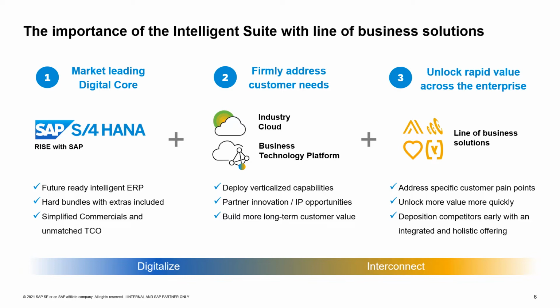Then you as a partner can take our leading solutions and more tightly address customer needs by delivering verticalized capabilities with Industry Cloud. You can also develop extensions and applications on the business technology platform, all of which drives long-term customer value in addition to additional revenue opportunities for you as a partner.